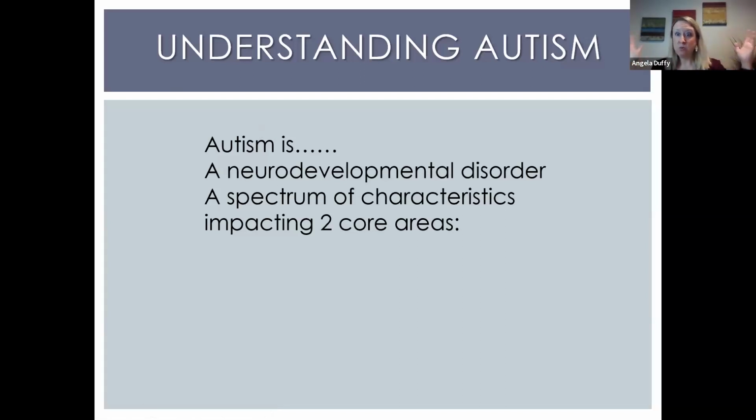It's a huge word, obviously, but we can always break it down into two words, right? Neuro and then developmental. Neuro referring to the brain, and developmental referring to those typical milestones that we see our children meeting as they grow and develop.